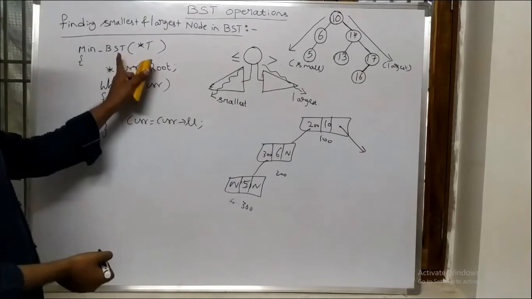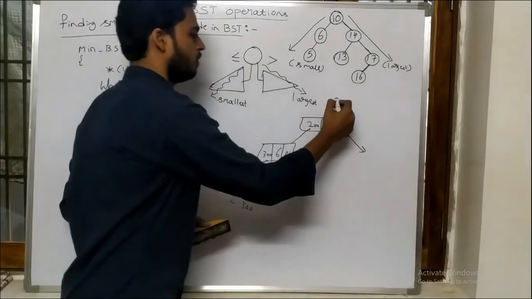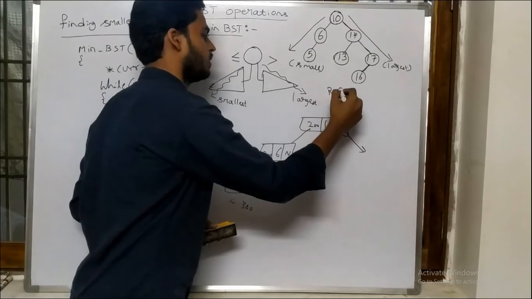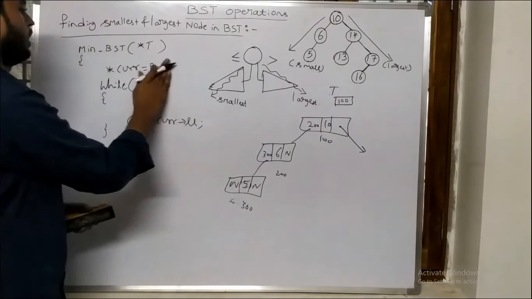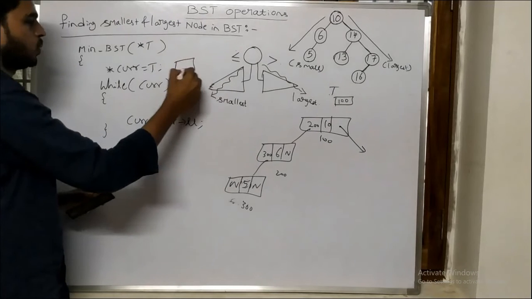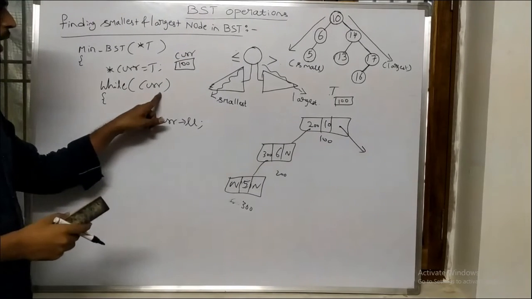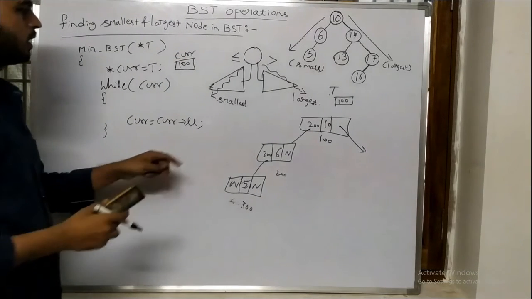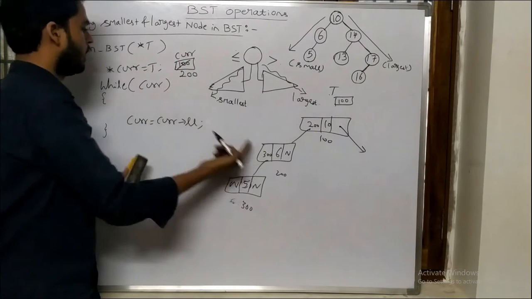I am defining only a minimum binary search tree, right? So I am simply defining, it has some root with address 100, and I am simply taking it as t. Then I will copy this t address to current. While positive value, I am going to make current equal current's left link. What is the current value? Now 200. So I will move to current's left link.